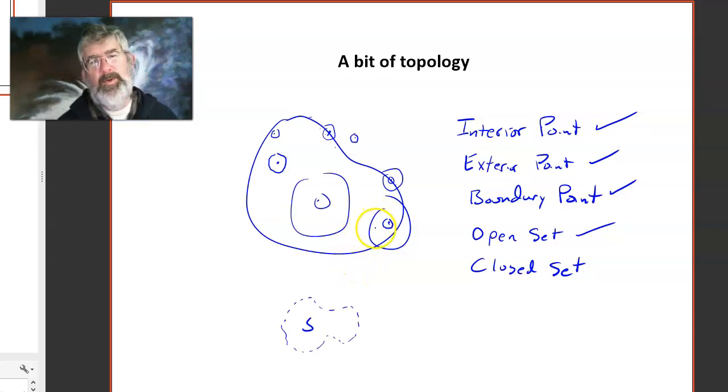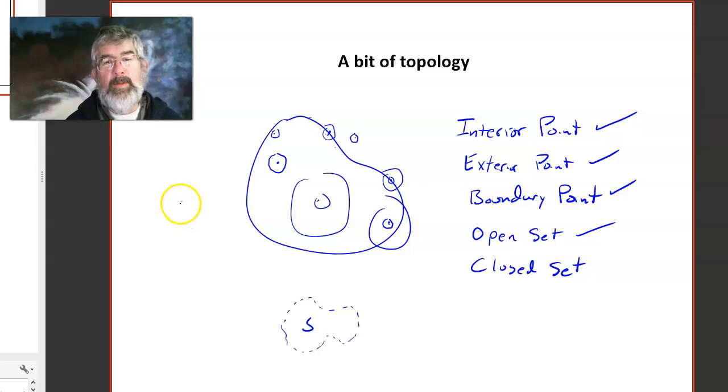Now, when you actually take a topology class, the notion of an interior point is linked to an open set, where when they talk about these disks, they would be open disks. And when you say open disk, that would exclude a disk of radius 0, because a disk of radius 0 isn't open.